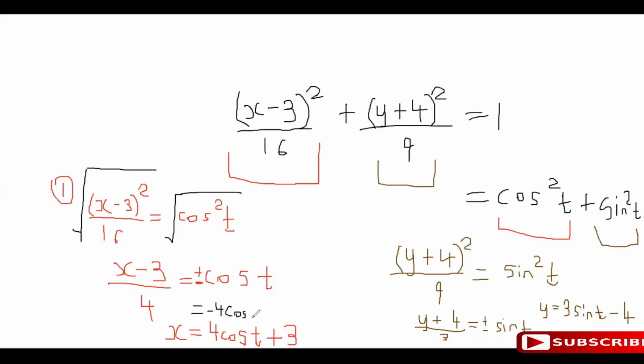And for the negative solution of this one, it is minus sine t, bring over the 3, it would be minus 3 sine t minus 4. But we don't really need the negative one. Let's just look at which solutions they give us.